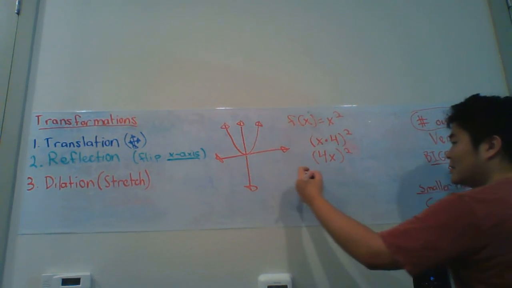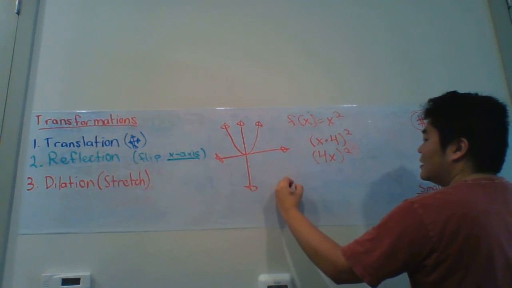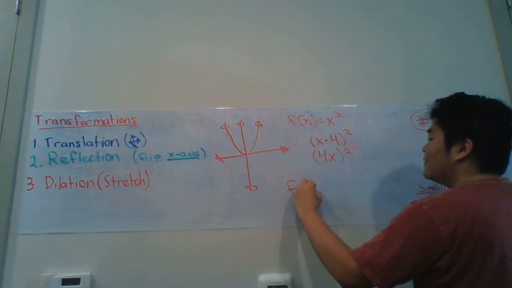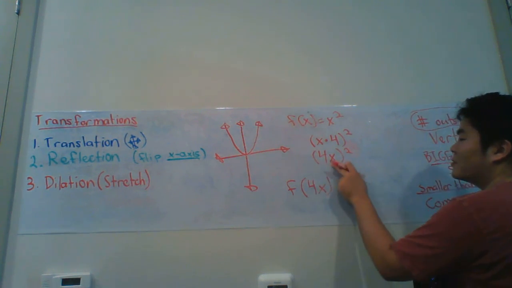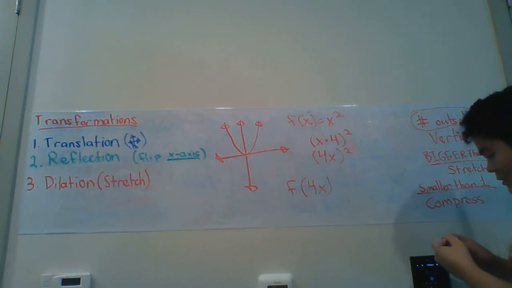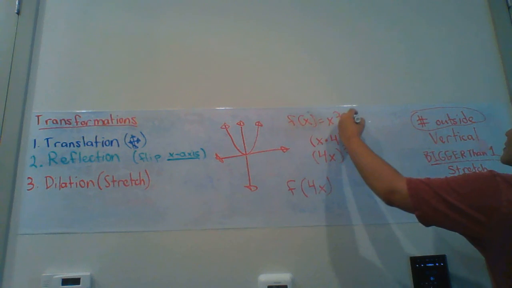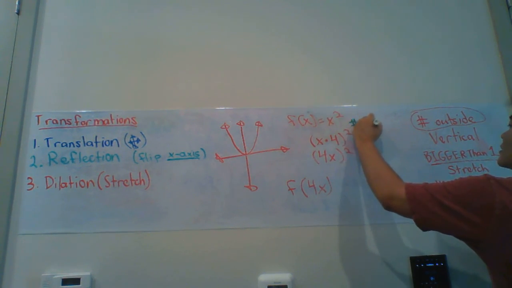And to see it in function notation, you would see it as f of 4x. Remember, what's on the inside of the parentheses stays inside the parentheses. So that's what you would be seeing. And this is for the number on the inside.